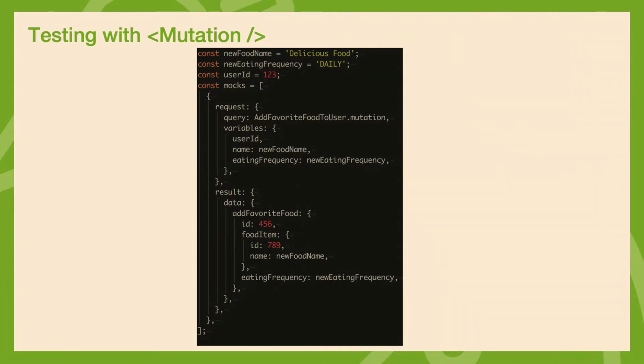Right? And so here we're defining that request. It takes a query, which this time is our mutation. This is also taking some variables. It's taking a user ID, a name, and an eating frequency. What's really interesting about the mock provider is that the request that is actually being sent through your test, the variables that get sent there have to match these exactly.